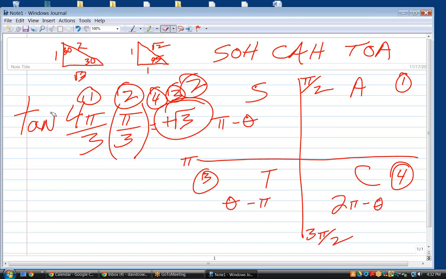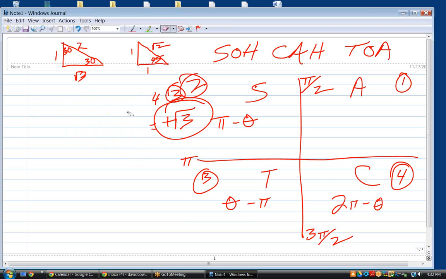Same 4 steps, no matter what the angle, the trig function, or anything else is. And the numerical value is always going to be in one of the reference triangles, correct? As long as it's a multiple of 30, 45, or 60, it will be.